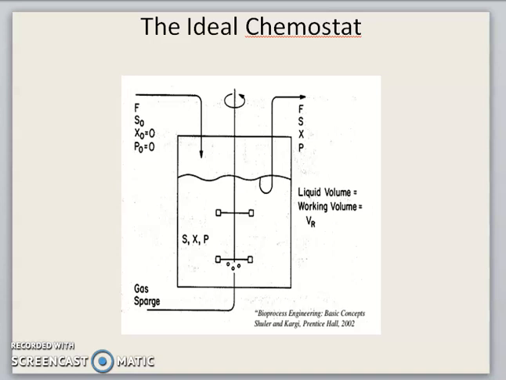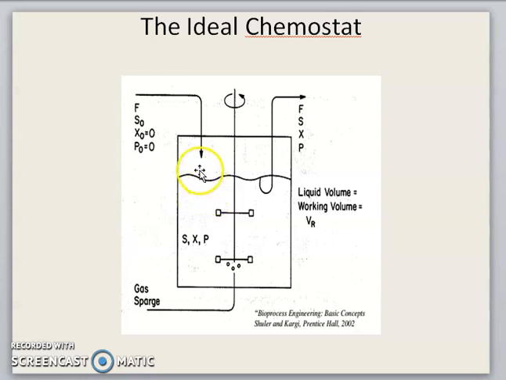This schematic diagram shows the ideal chemostat. Here we can see there will be a feed in and a feed out. The substrate and initial cells, meaning the inoculum, will be added to the reactor.